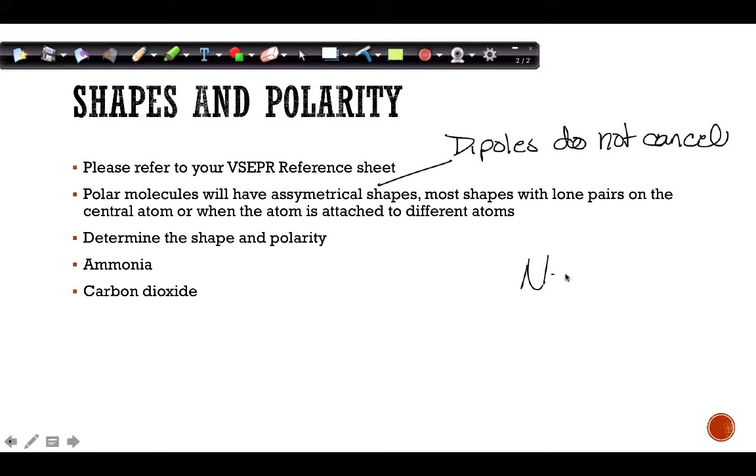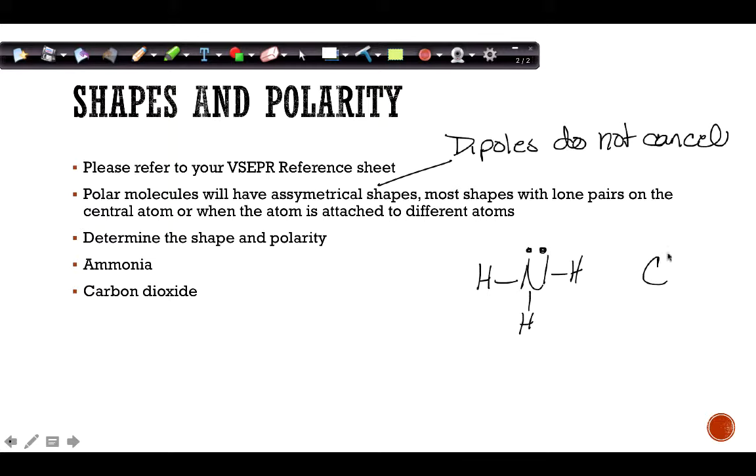So if I have NH3 like this, ammonia, I'm going to have a lone pair, and that actually pushes these atoms closer together than they normally would be, and it creates dipoles that don't end up canceling. So if we have a lone pair on the central atom, it's usually going to be polar, and also if you have an atom that's attached to different atoms, the dipoles won't cancel.